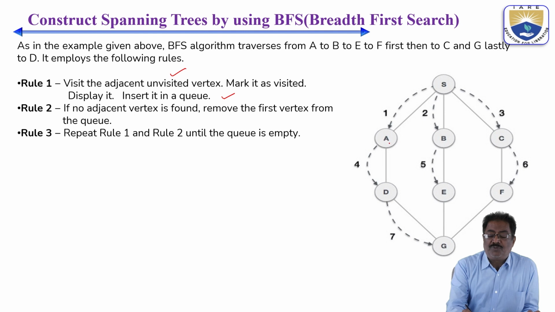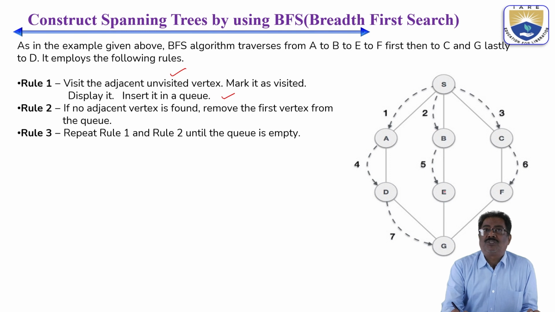So you move to A, and consider whatever adjacent vertices are there, and push them into that Q. Then we go for the next adjacent vertex and push it into Q. Then we go for C, and once again we consider the adjacent vertices.